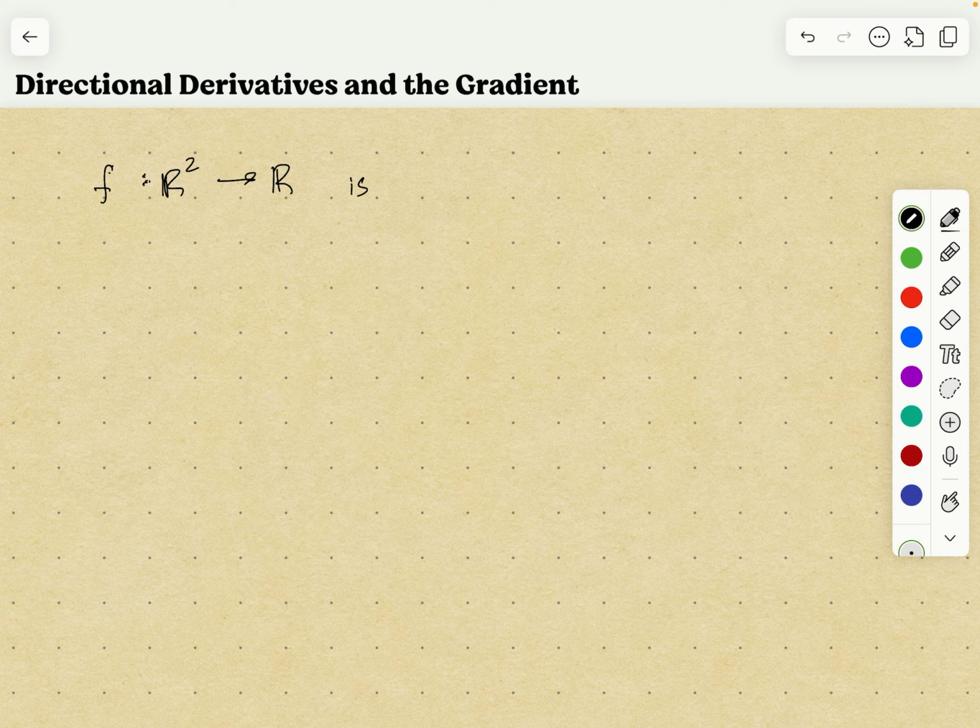So this function, let's say this is a function f of x, y, is differentiable if its partial derivatives exist.